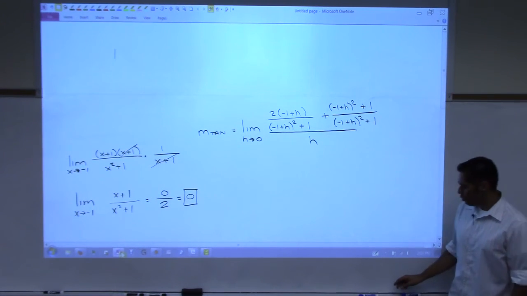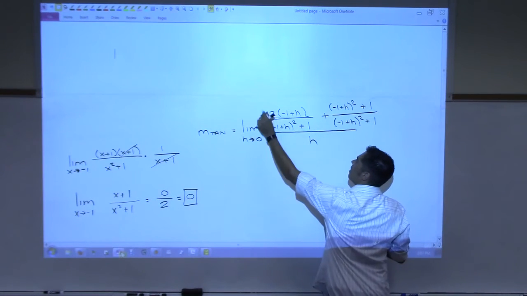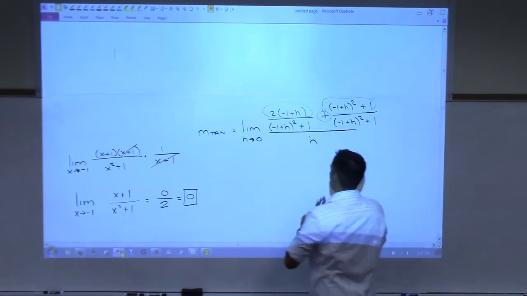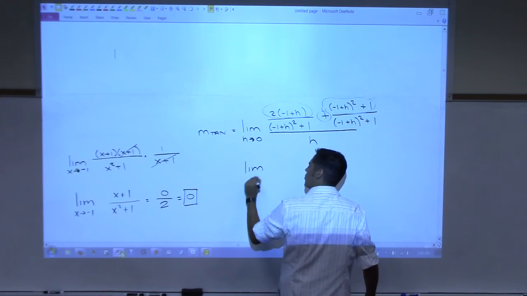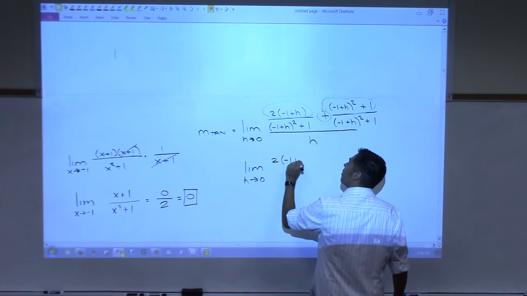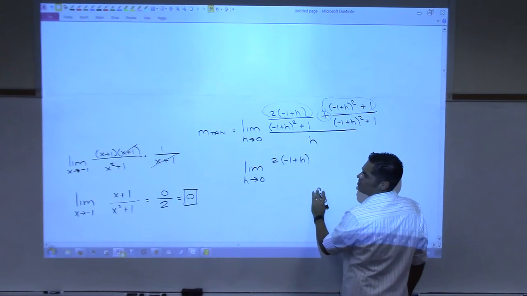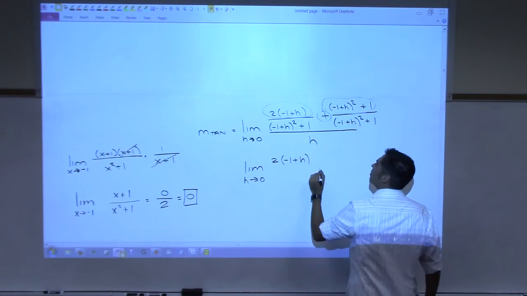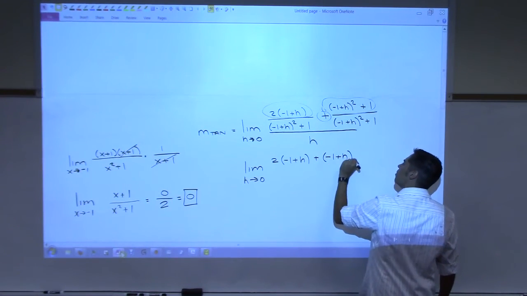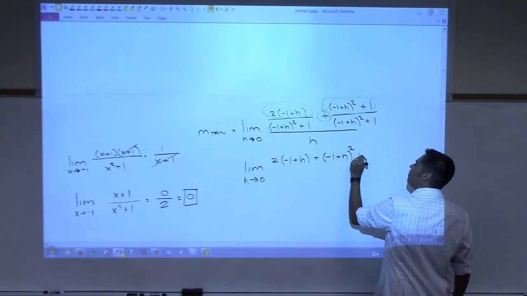Now when I put the numerators together, that's this plus this. It'll look like limit, h goes to 0. I have 2 times -1 plus h. Am I missing something there? No, that's all it was. Plus negative 1 plus h squared plus 1, all right?